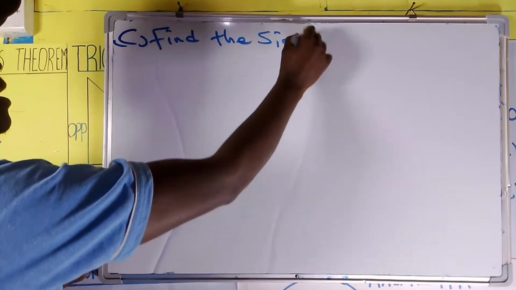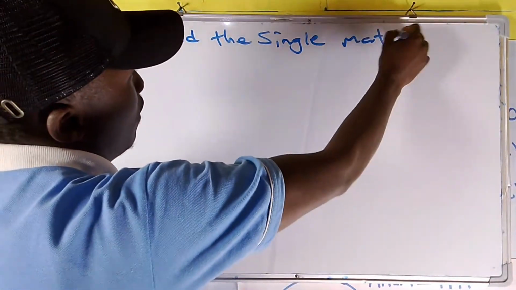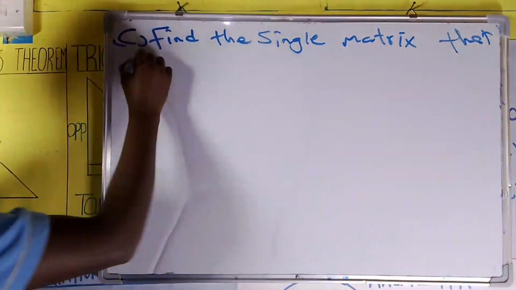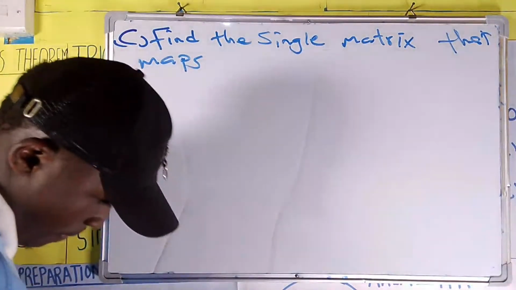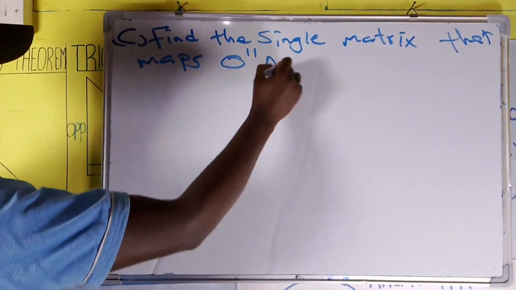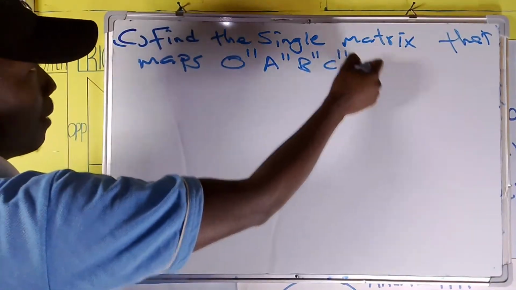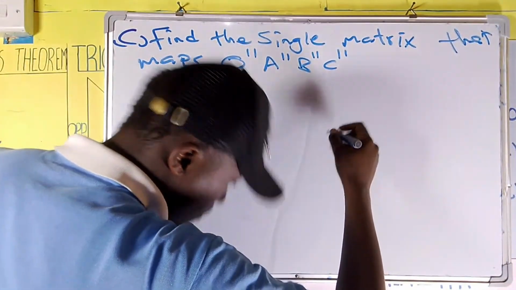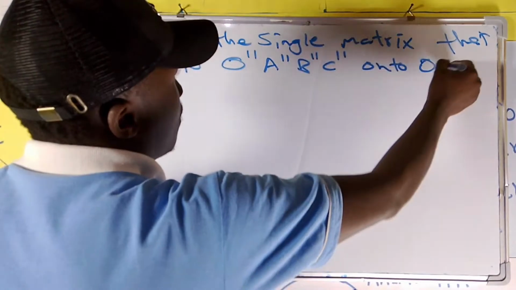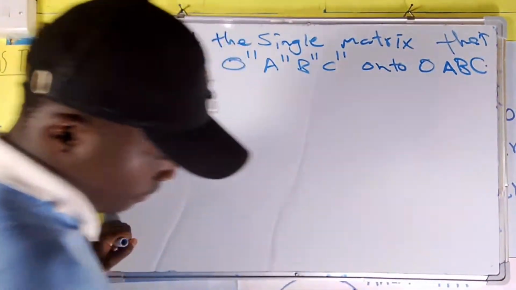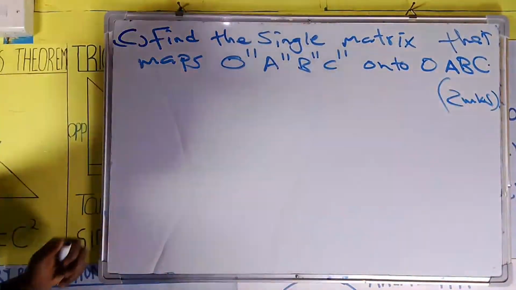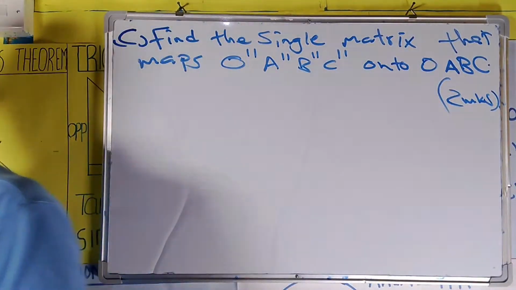Find the single matrix. This is part C. Find the single matrix that maps O double prime, A double prime, B double prime, C double prime onto O A B C.